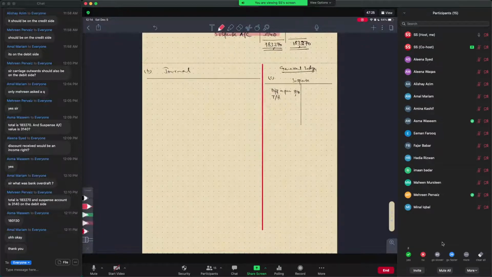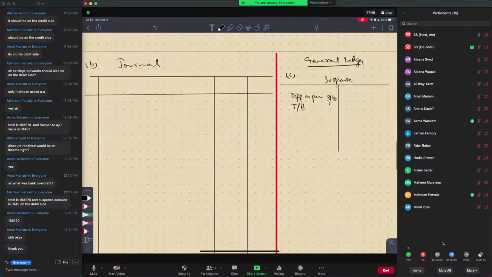So the journal here, we have the debit column, we have the credit column, we have the date column here, which serves no purpose except for the error reference, and that's how we are going to show the journal entries for date, description, debit, and credit.